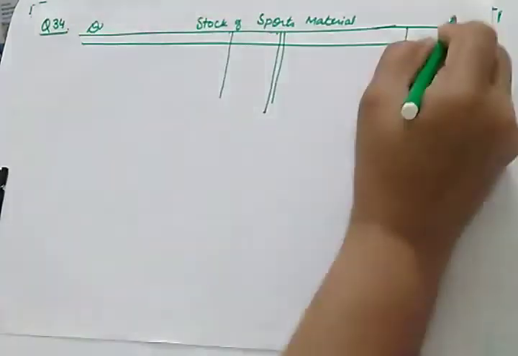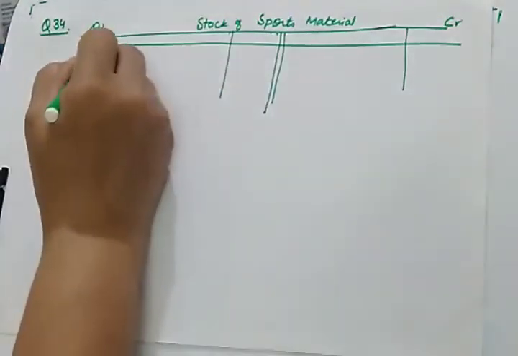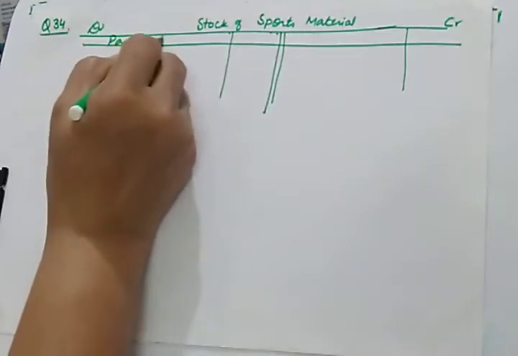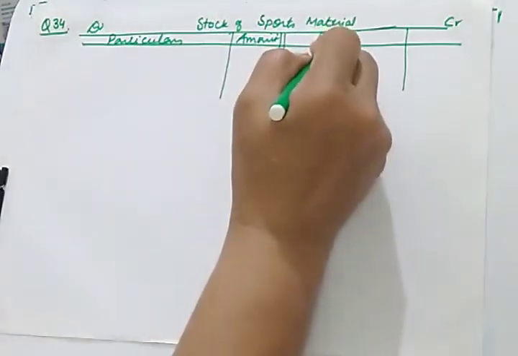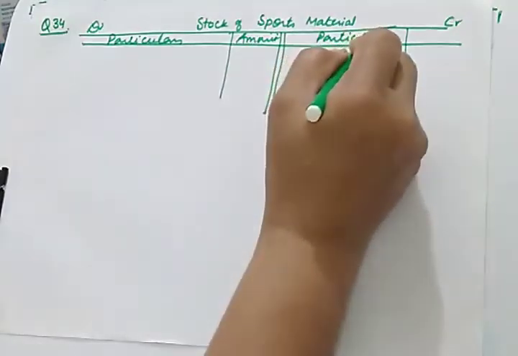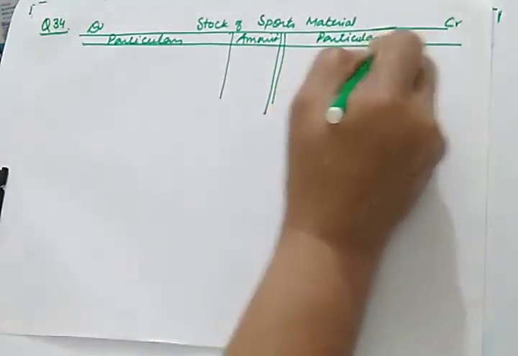This is debit, credit, particulars, amount, particulars and amount. In rupees also you can mention.